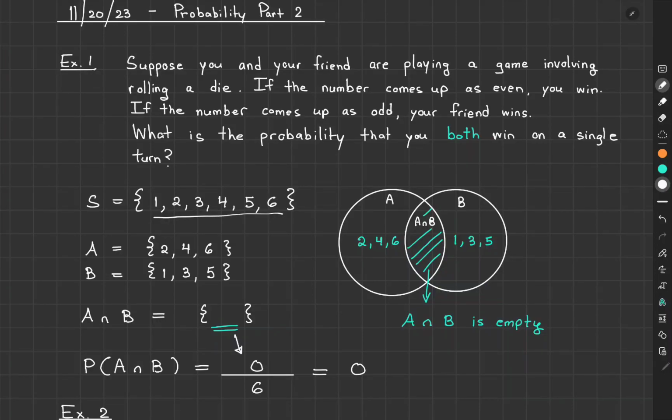In this case, these events have nothing in common. And these kinds of events are known as mutually exclusive events. That is, they don't intersect. They have nothing in common. They are mutually exclusive. But that doesn't have to always be the case.